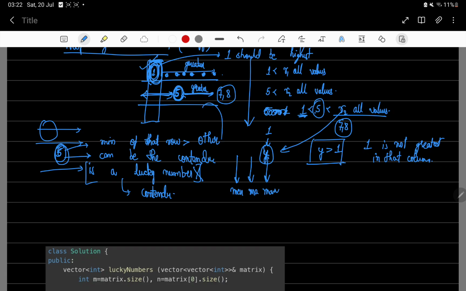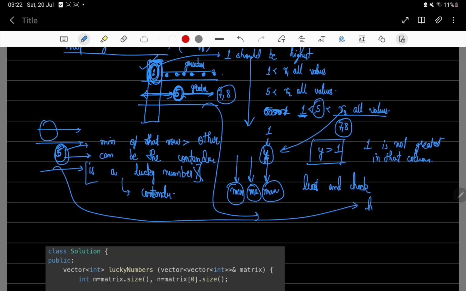In a similar proof way, I will take the least of these and check whether the highest was equal to the least.